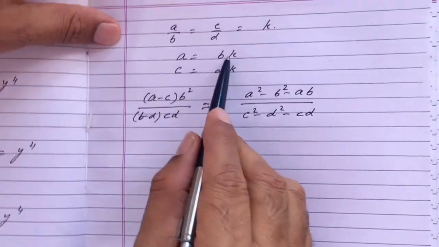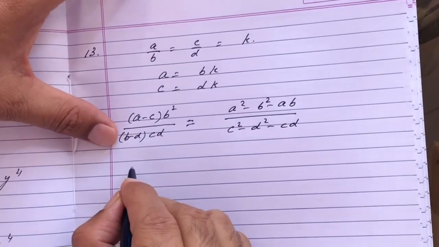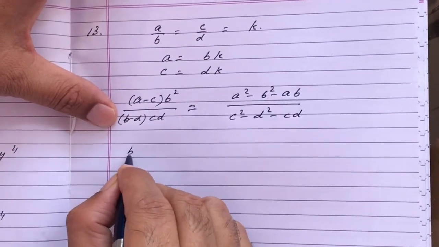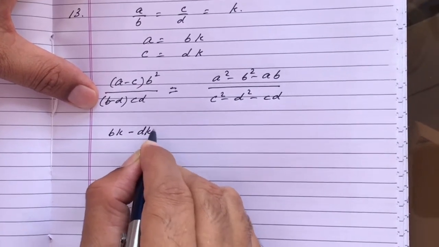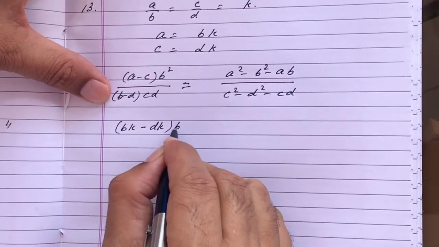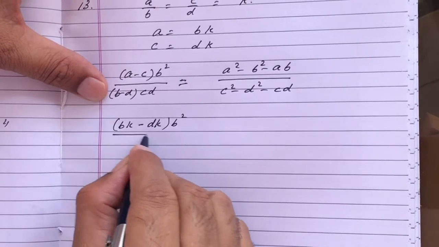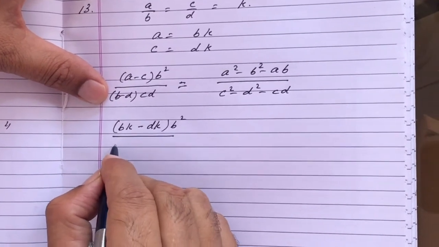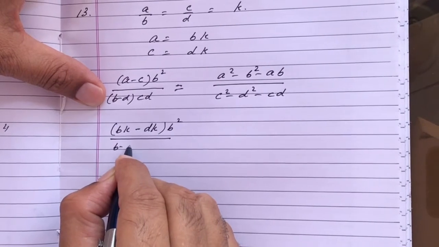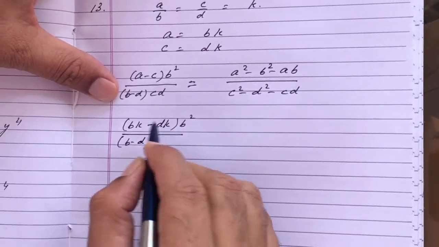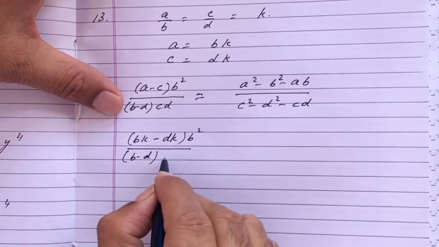Now the value of A is BK. In place of A I write BK. C is DK into B square. Here B minus D. In place of C I write DK.